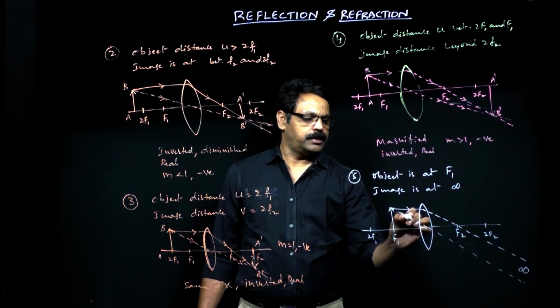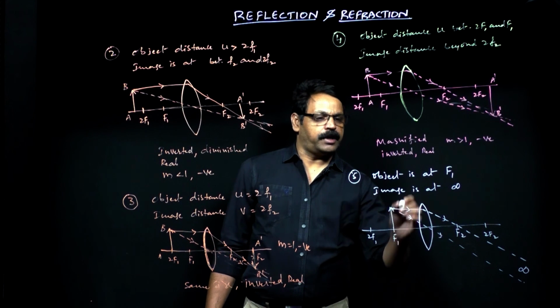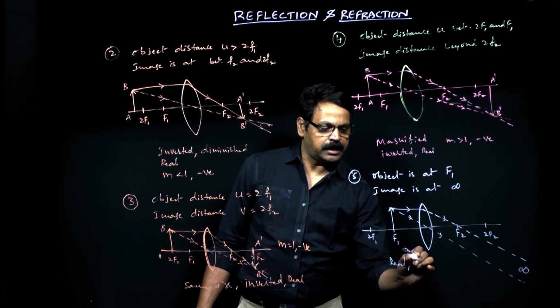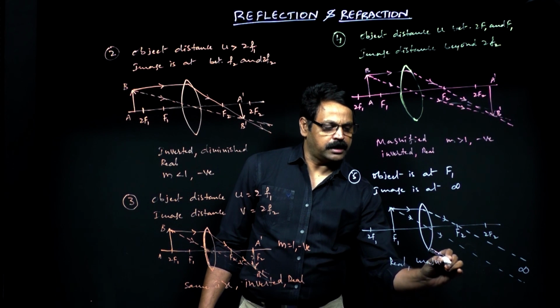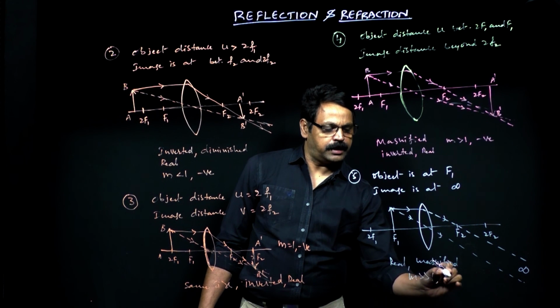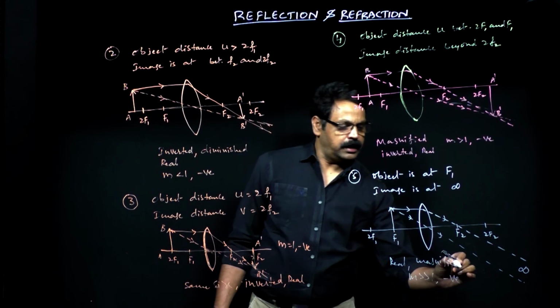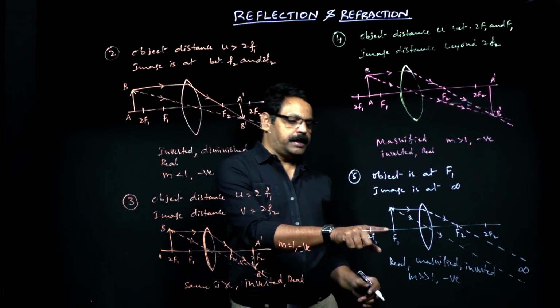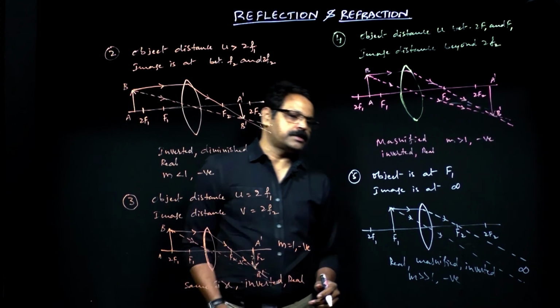The properties are real, magnified, m far greater than 1 but negative, and inverted. This is the property of the image when the object is placed at the focus of the first lens.